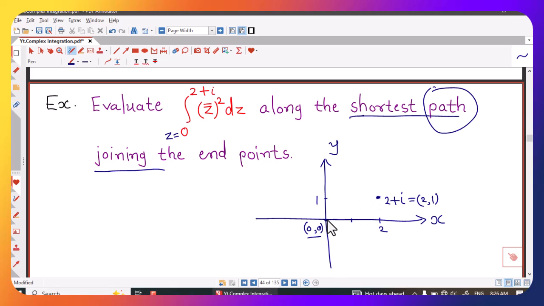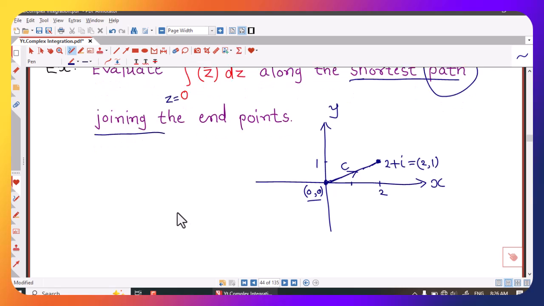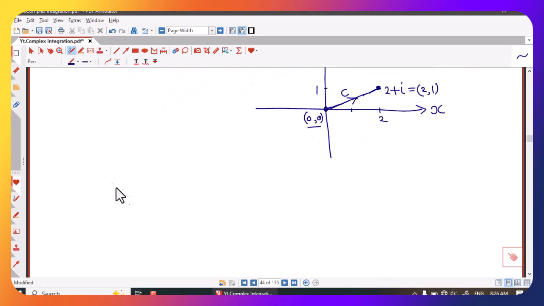So we will consider this line segment along the straight line between these 2 points. So our path of integration is the line segment which is the part of the straight line joining these 2 points in counterclockwise direction. First we have to decide the equation of the straight line passing through these 2 points, and that we can easily determine.